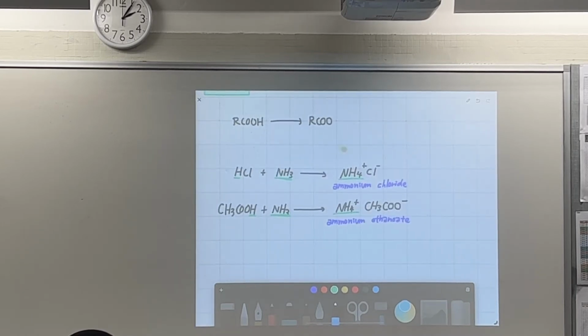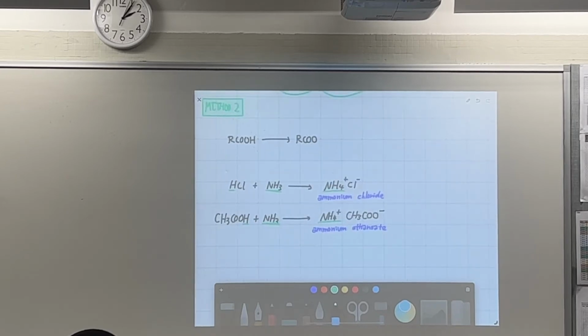But now we'll be using the second reaction here. Can you write this down? We sometimes write this as CH3COO minus NH4 plus. So this can be written this way, and in the exam they prefer that you write it this way. Only for this salt do you write the negative ion first. It's just a convention.